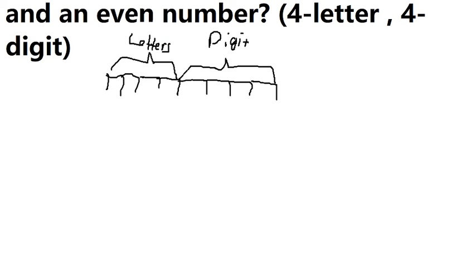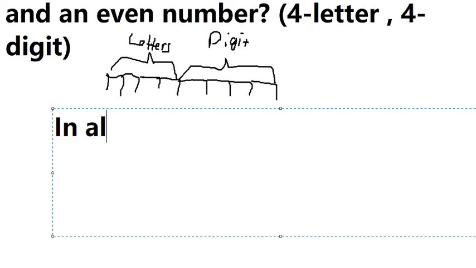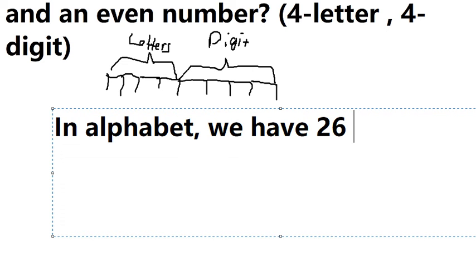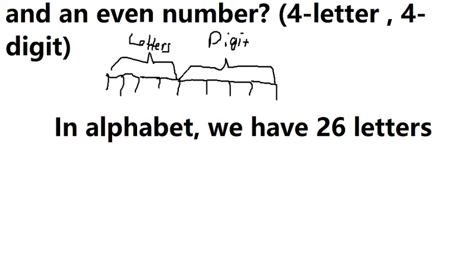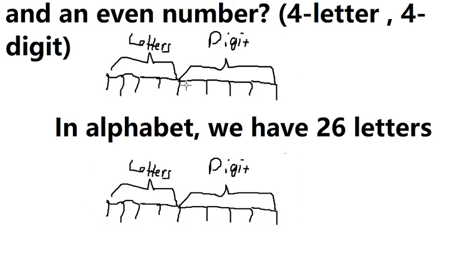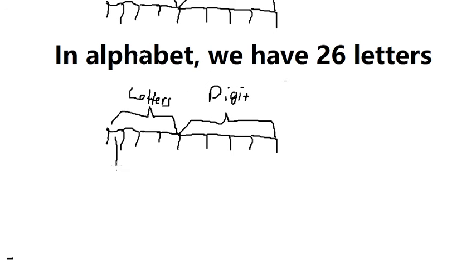And we know that in the alphabet we have 26 letters. So for this one you have 26 letters in here. And we have another 26 letters in here, similar for this one and this one.